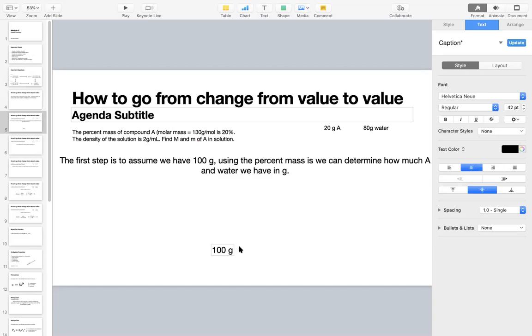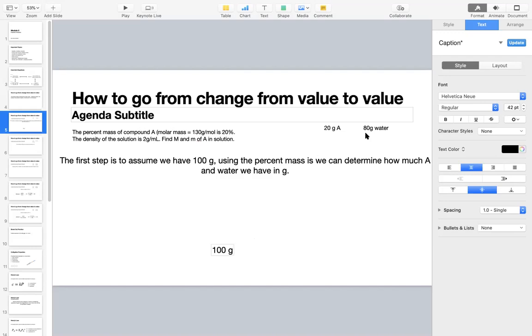Yes, we have 20 grams of A because 20% of 100 is 20. And if we have 20 grams of A, it makes sense that we have 80 grams of water.